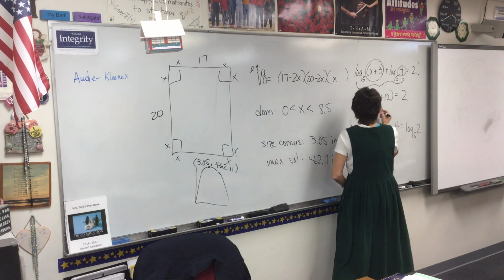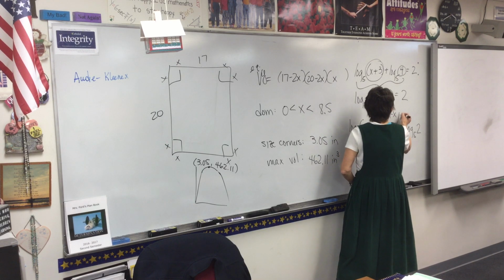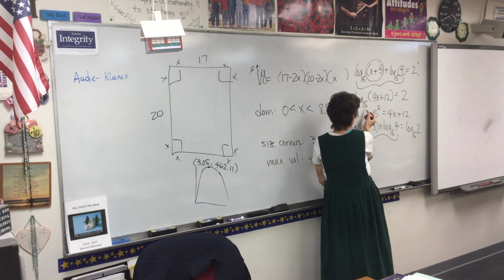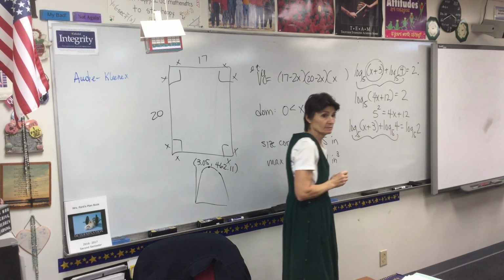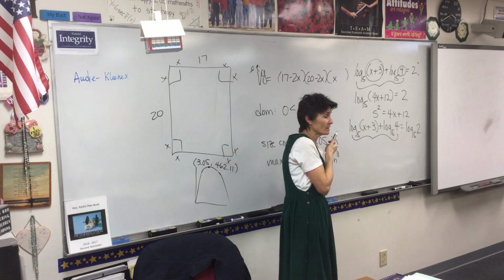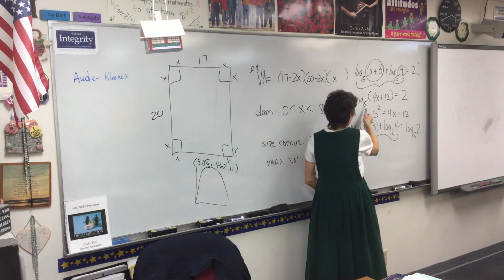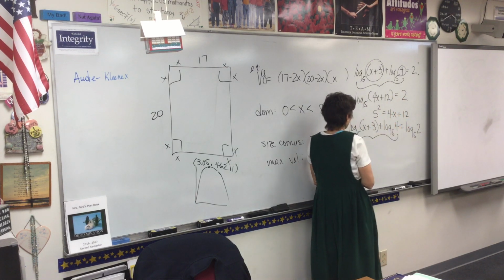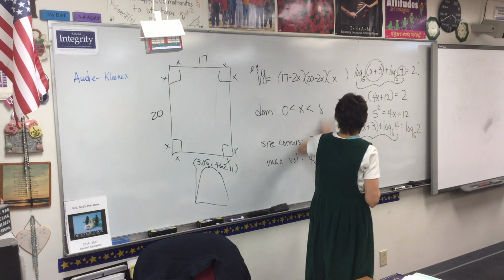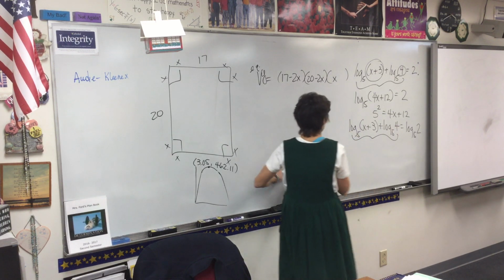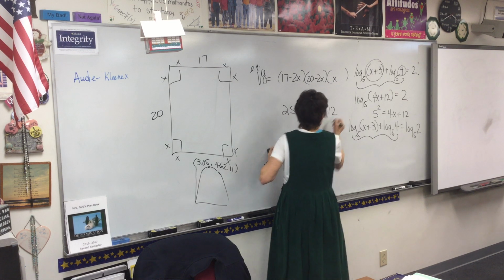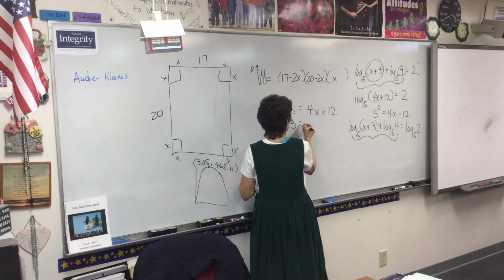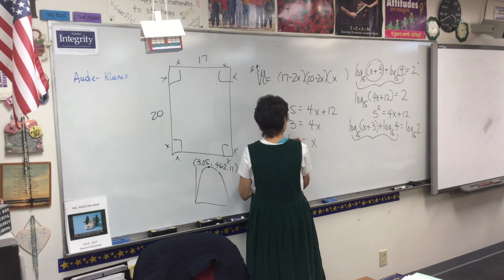So 5 to the second equals 4x plus 12. When there's only one logarithm, we loop-de-loo it. One logarithm means loop-de-loo. So 5 to the second equals 4x plus 12. So 25 equals 4x plus 12, so 13 equals 4x, so that one would be 13/4.